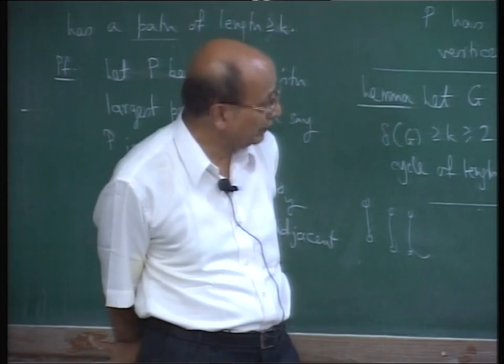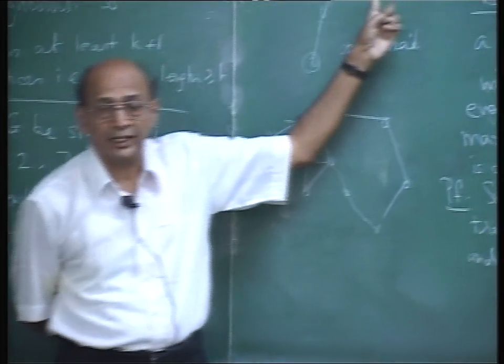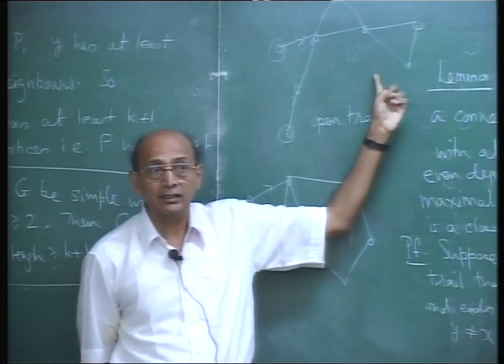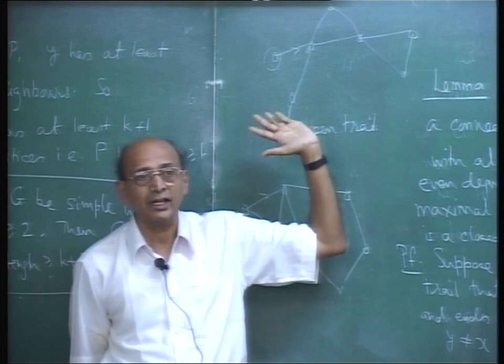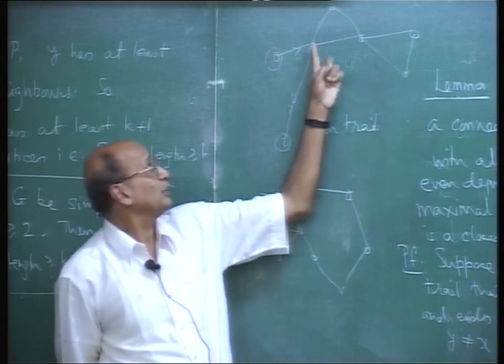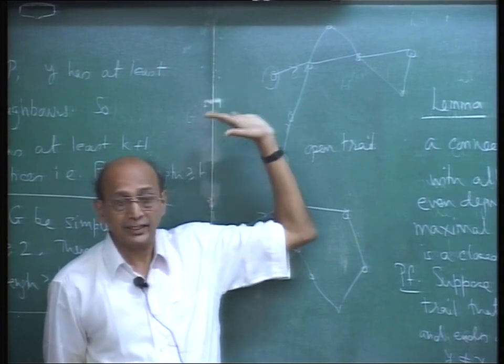But that is an even number. For every intermediate vertex, any vertex that is in the middle, its contribution to the degree is even.